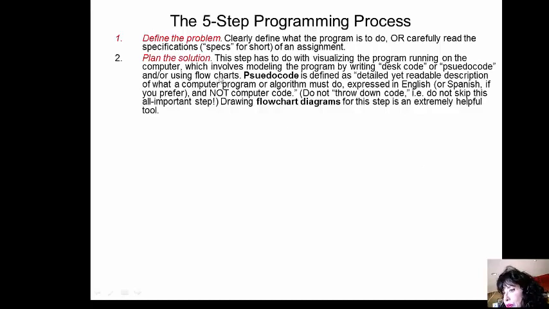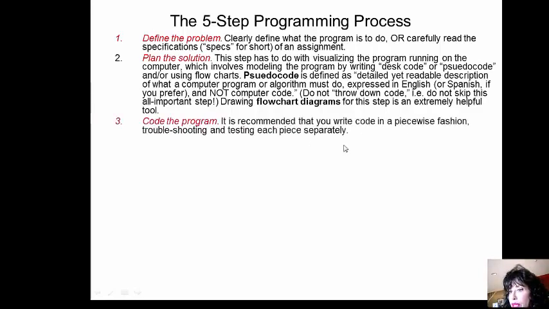They used pseudocode, and they made sure they had their solution down on paper before they started throwing down code. And so, guess who won? San Diego State. So please don't skip this all-important step. Another thing you can do during this step is drawing flowchart diagrams, which is a very helpful tool. We'll discuss that in a little bit.